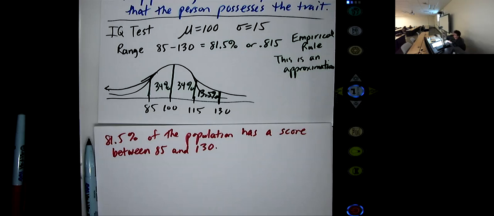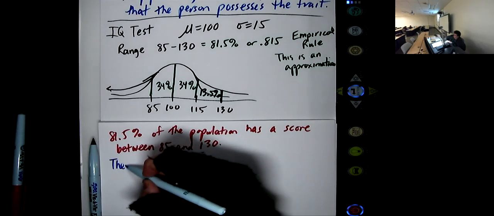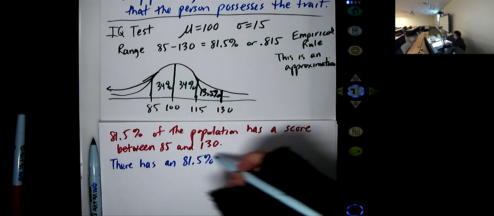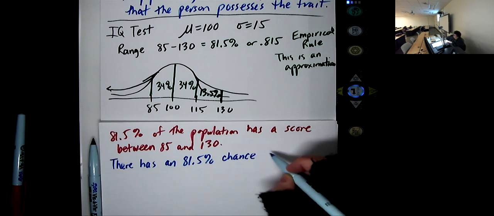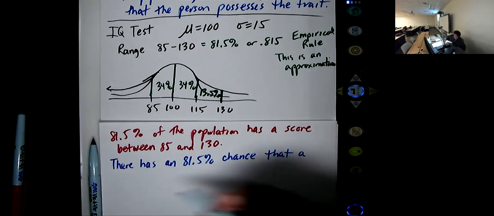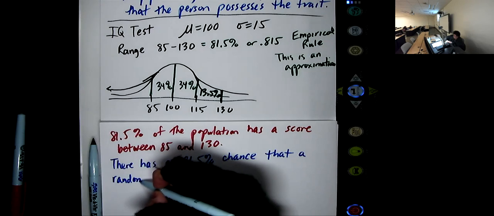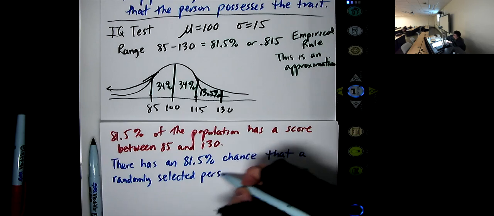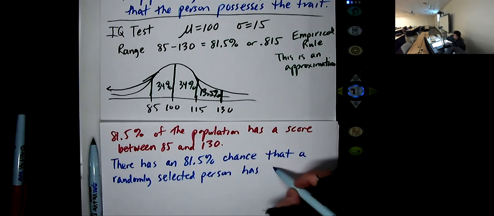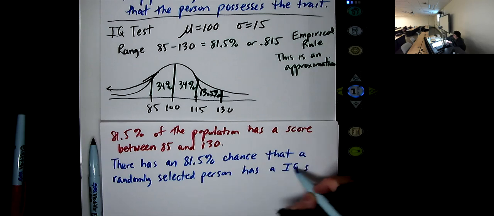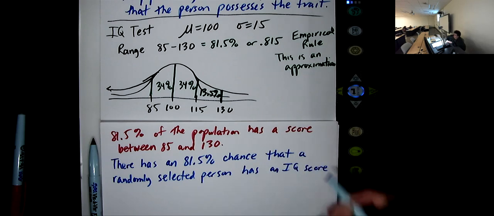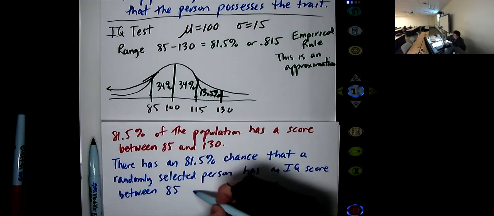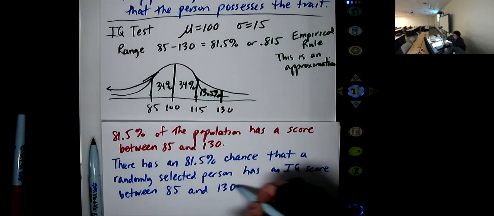And another way to look at it is there is an 81.5% chance that a randomly selected person has an IQ score between 85 and 130. There's a couple ways of interpreting it.